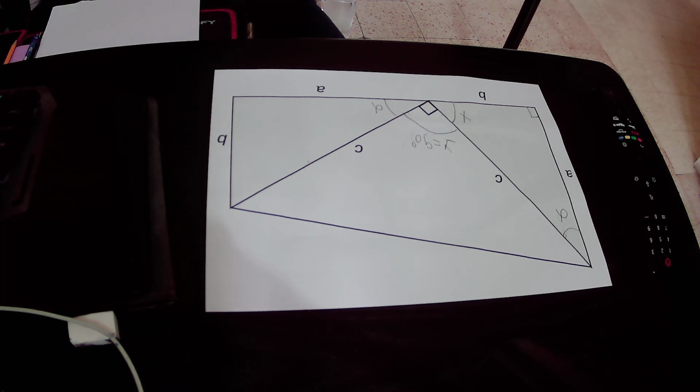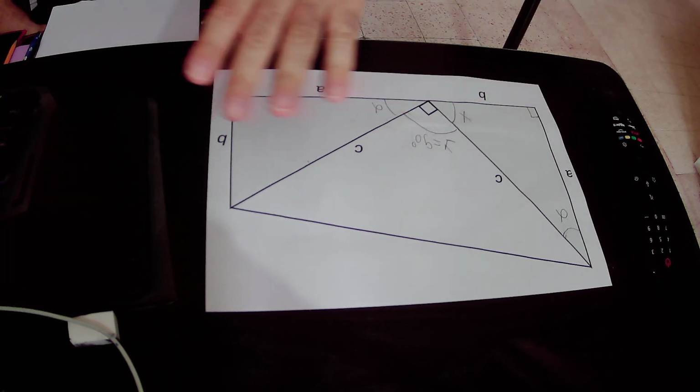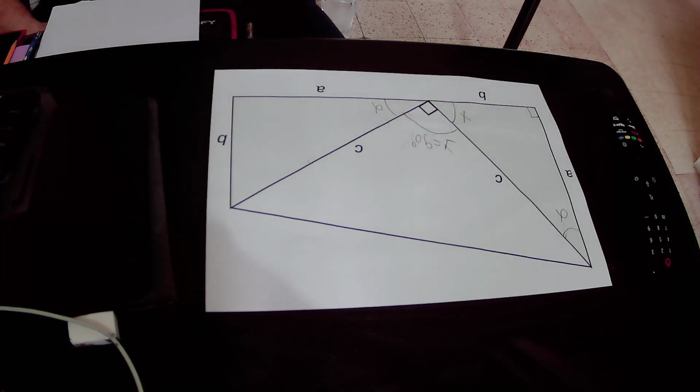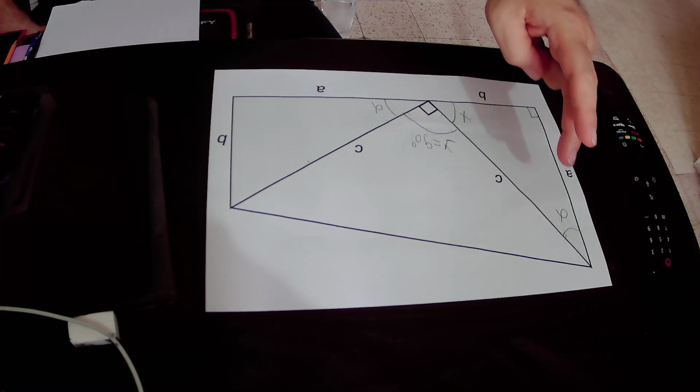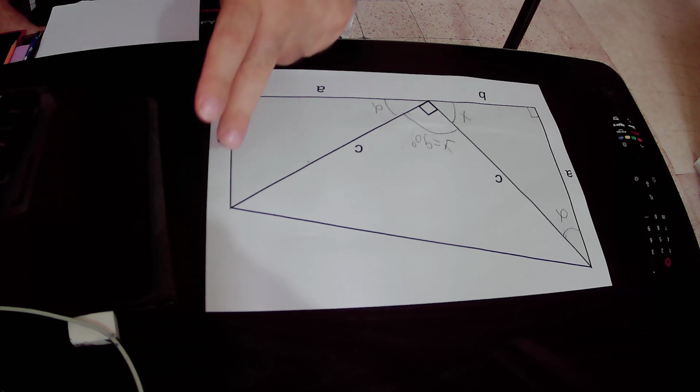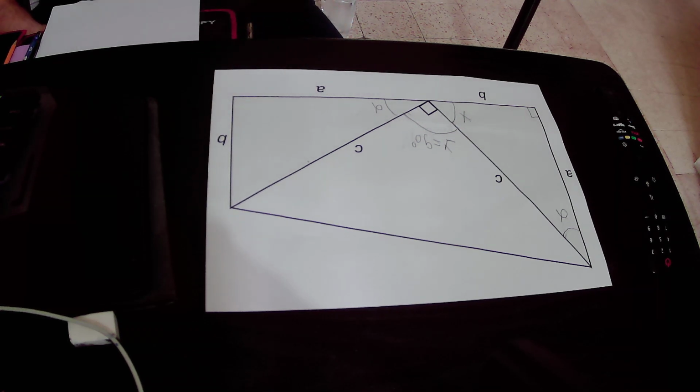So we also know that this is a trapeze. A trapeze is a square with a pair of parallel sides. Side A is parallel to side B, and for that reason it is a trapeze.